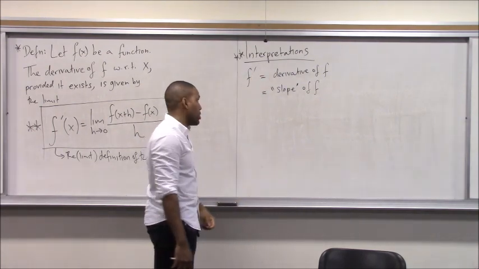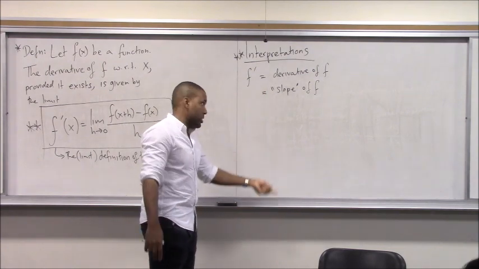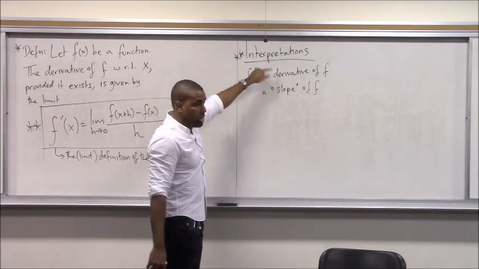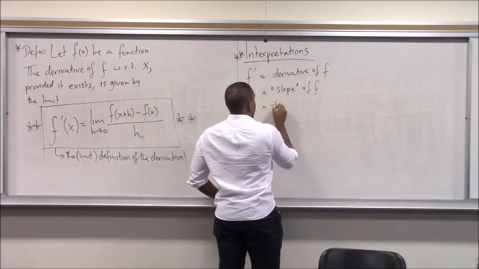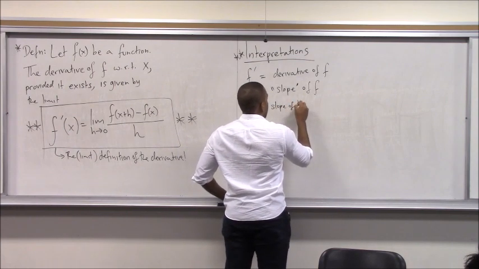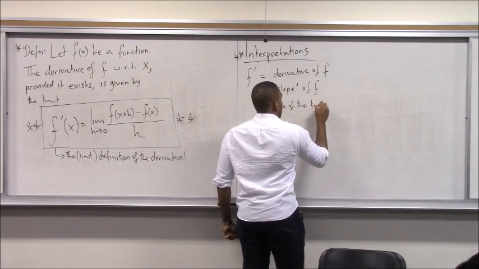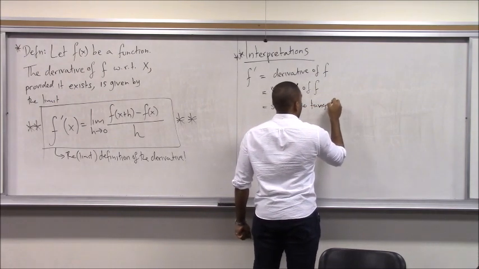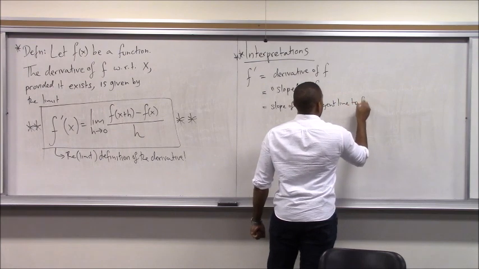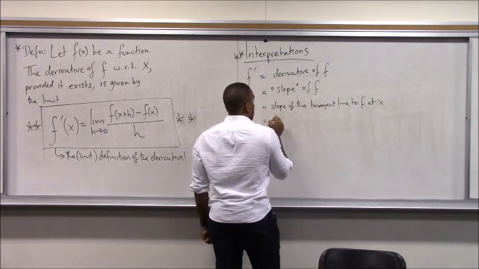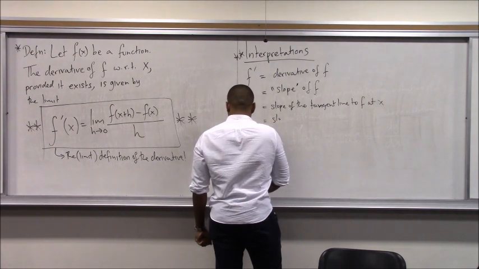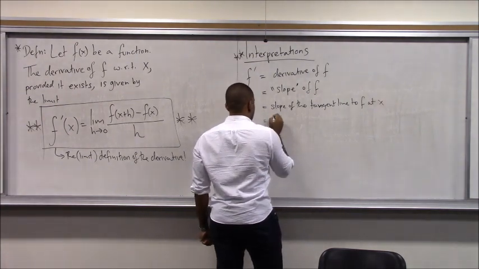It's the same as the slope. And you can talk about the slope of some random function. It's the same as the derivative. These are synonyms. And what this is, it's the slope of the tangent line to f at x. You can even think of it as a formula to find the slope.